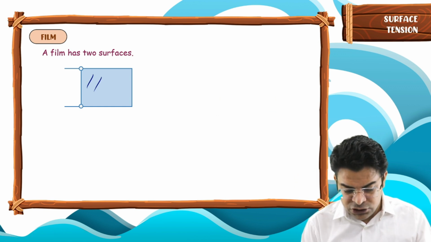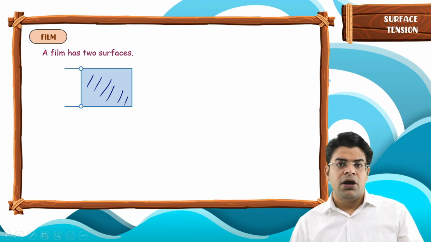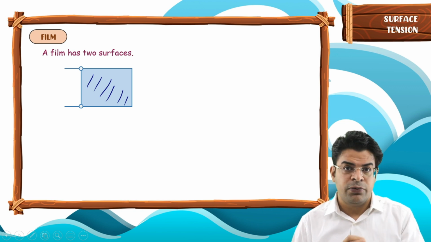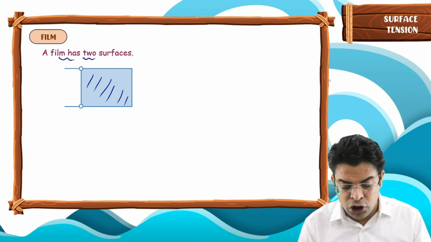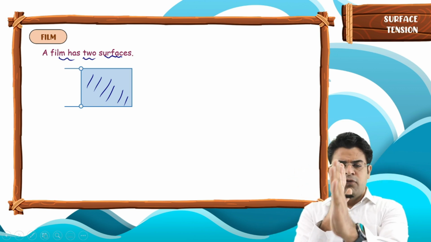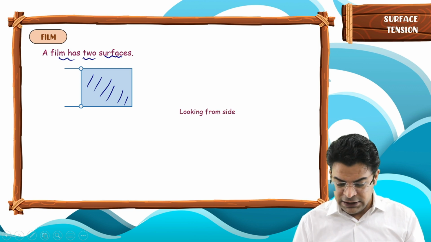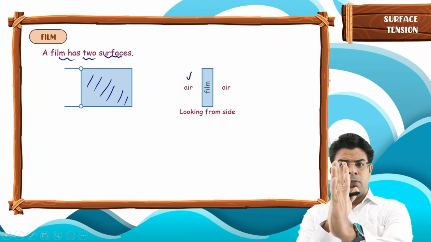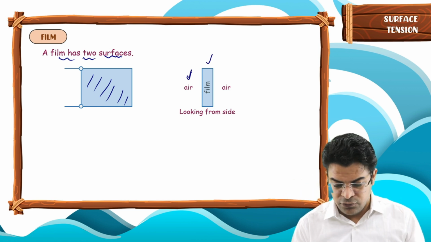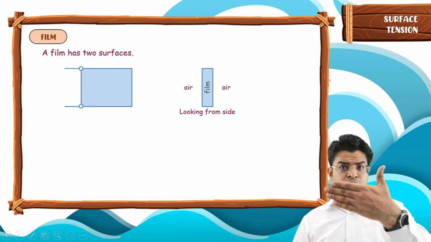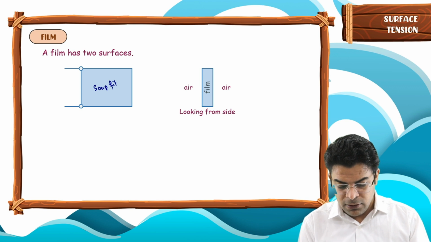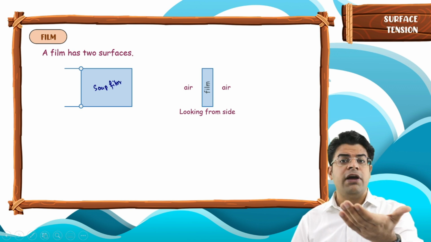Now, once you have this soap film formed, the question is on how many surfaces there are fluid molecules present. Remember that a film has two surfaces. If we look at the soap film from the side, what will I see? I will see air, then soap film, then air. Looking from the front, we have air, then the soap film, and behind the soap film again air.